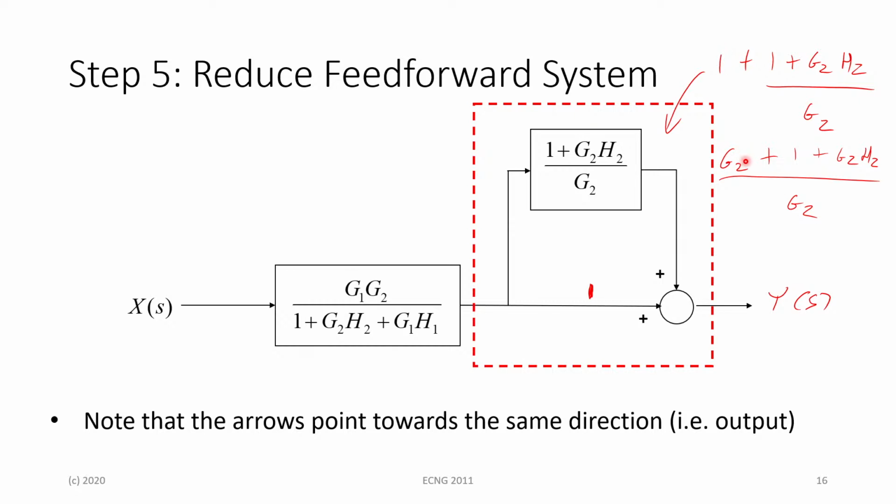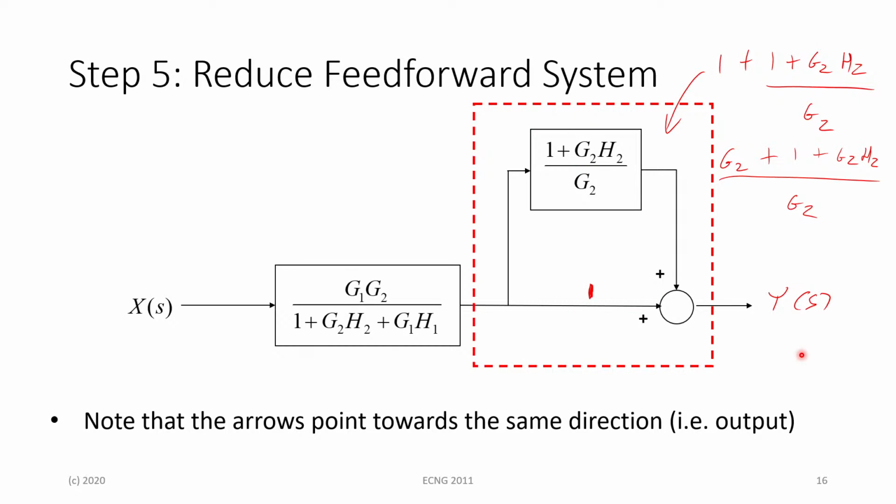So in unifying the denominator for this addition, it's going to be G2 plus this entire numerator here, 1 plus G2H2, all divided by G2, and that is the reduced feed forward system. Hopefully that explains the reduction of a feed forward system, because it's basically just a parallel interconnection where you just add each one of the blocks on the lines together.